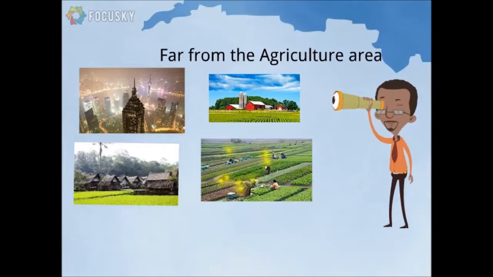For the agriculture products to be sent to the urban area, there will be additional costs such as transportation cost to transport the product from the rural area and storage costs to maintain the quality of the product during the travel from the rural to urban area.